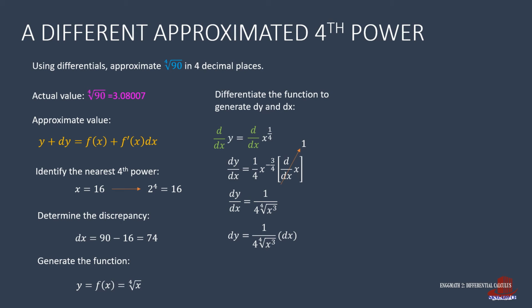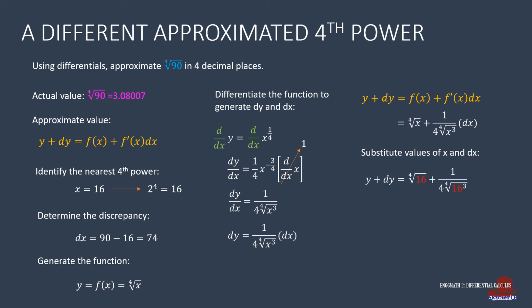Note that this is the same function we have derived earlier, which means this working equation remains the same with whichever approximated values we plug. So continue with looking for the approximation using the general function. Plug in x of 16 and dx of 74, coming up with the fourth root of 16 plus 1 over 4 of the fourth root of 16 cubed, multiplied by 74.